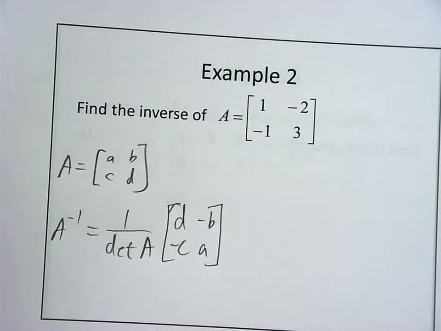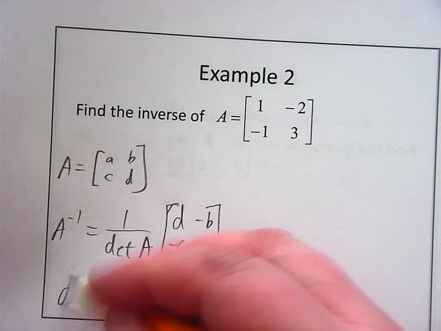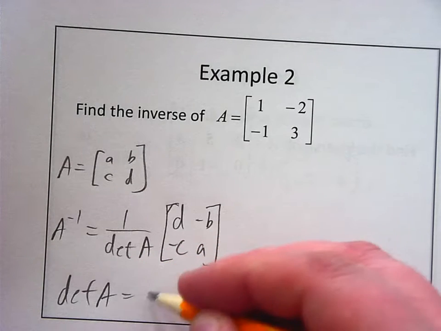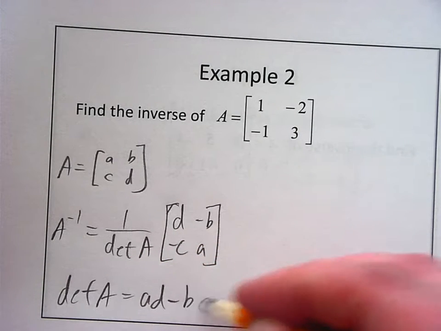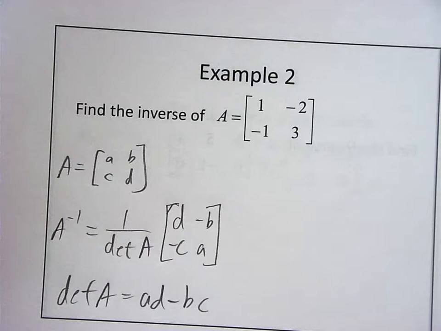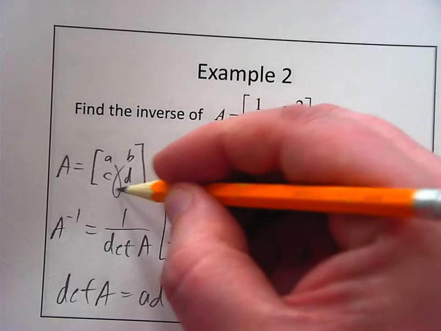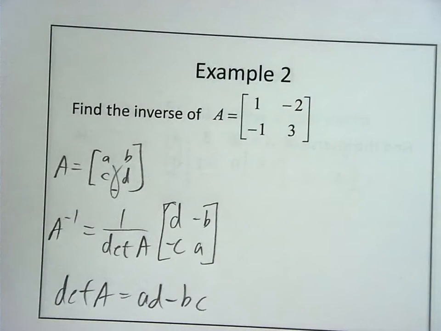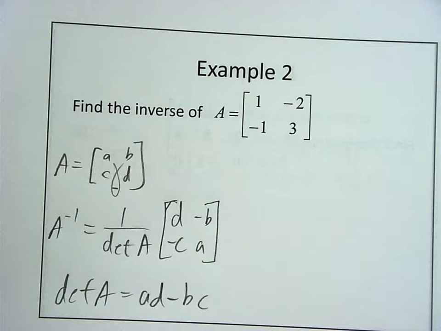How do I find the determinant of A? Yeah, AD minus BC. The way I remember that, it'll always follow this pattern: starting in the upper left, you've got a fish swimming downstream.